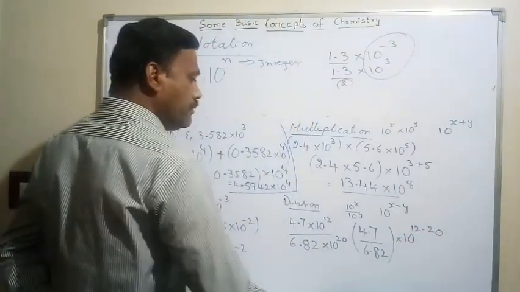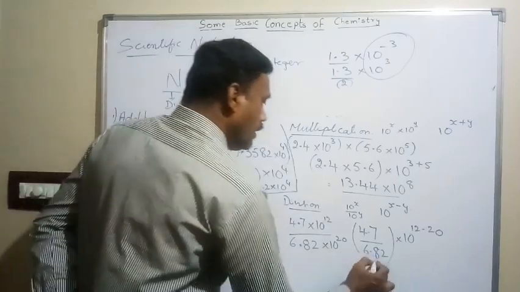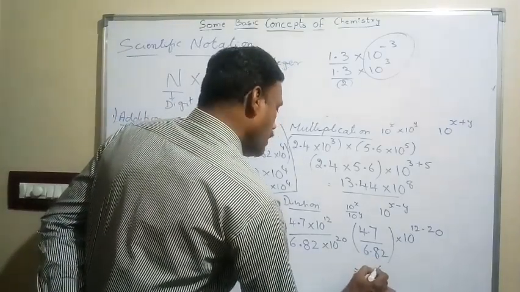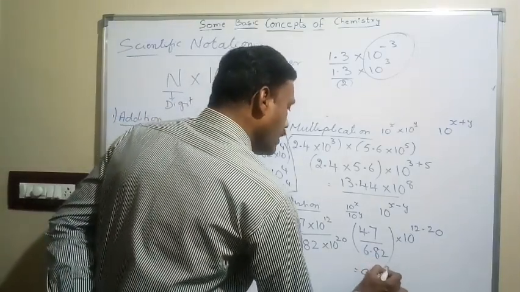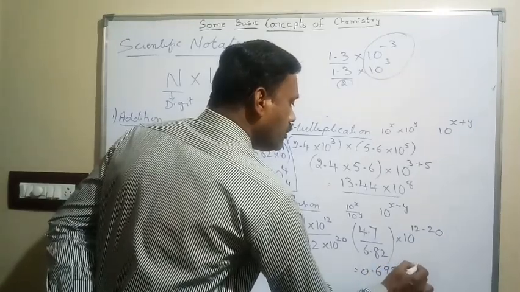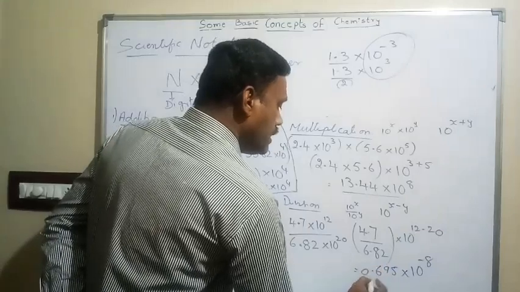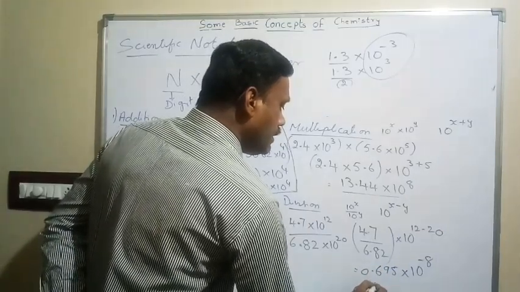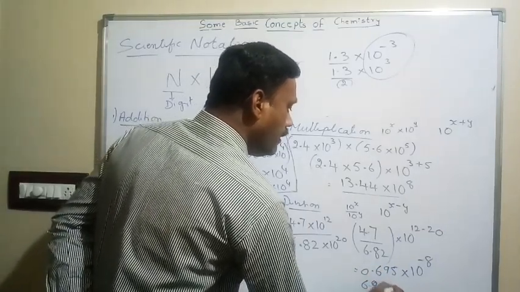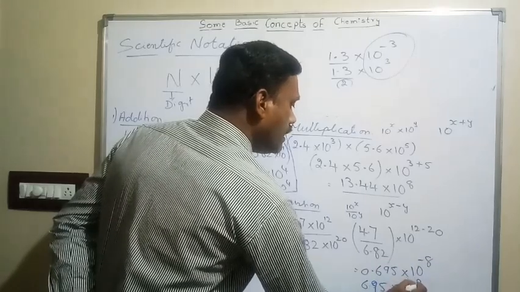So 4.7 by 6.82 is 0.695 into 10 to the power of minus 8. Moving the decimal, 6.95 into 10 to the power of minus 9.